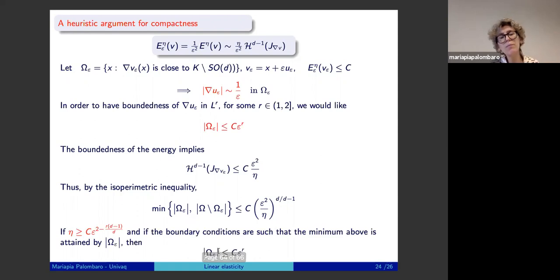Now, if the boundary conditions are such that the minimum is attained by the measure of omega epsilon, and if eta satisfies this scaling, one obtains this. And this gives the compactness of the gradient of u epsilon. Of course, this is only a heuristic argument, but the essential idea is here, both for the continuum and for the discrete.